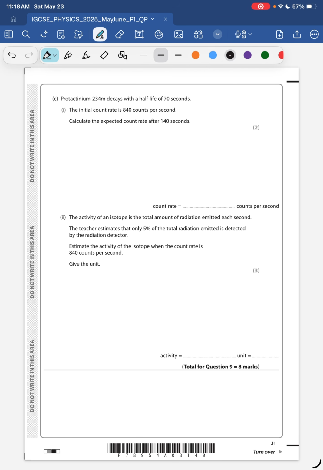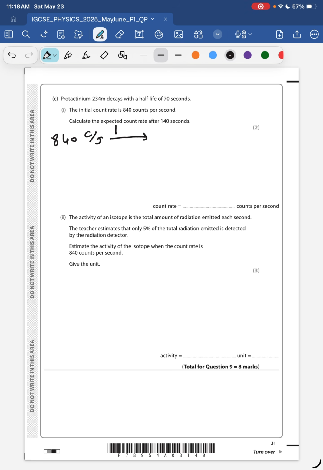C, protactinium-234m decays with a half-life of 70 seconds. The initial count rate is 840 counts per second. Calculate the expected count rate after 140 seconds. So you start with 840 counts per second.